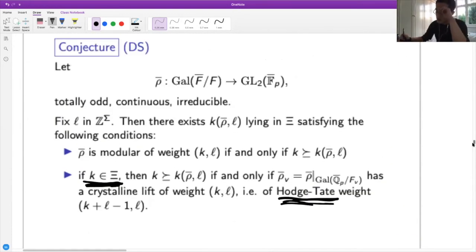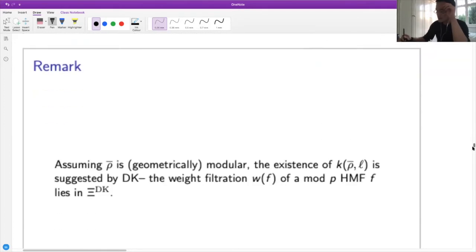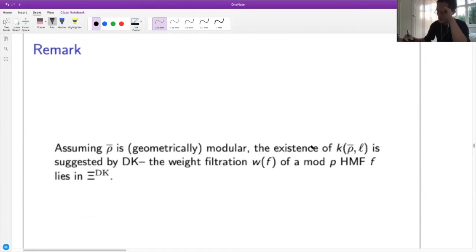If I happen to know that ρ̄ is modular a priori, then the conjecture is in some sense motivated by the fact that you can compute the weight recipe of a modular form F such that ρ̄ is isomorphic to ρ̄_F.